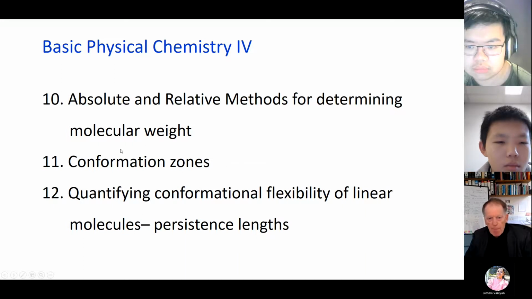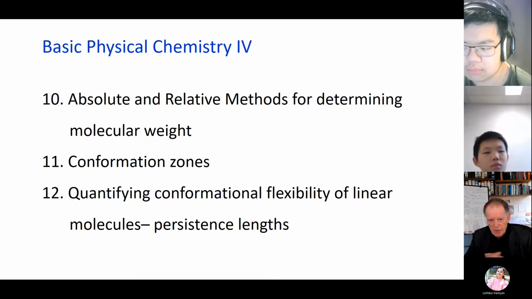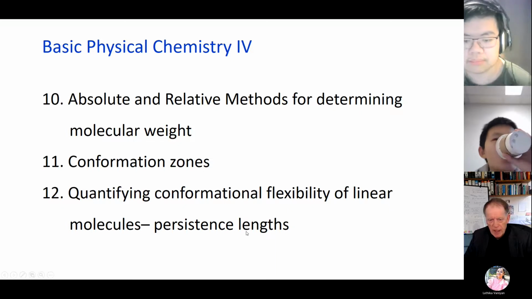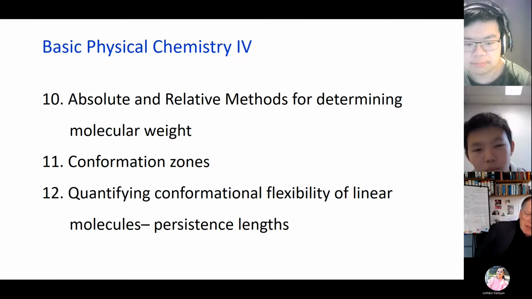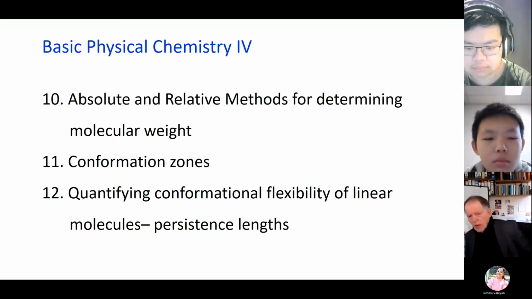And then we'll cover a bit about conformation, particularly conformations of linear molecules. We've discussed proteins before, but now linear molecules like DNA and polysaccharides, carbohydrate polymers, and how we quantify them in terms of a parameter known as the persistence length.